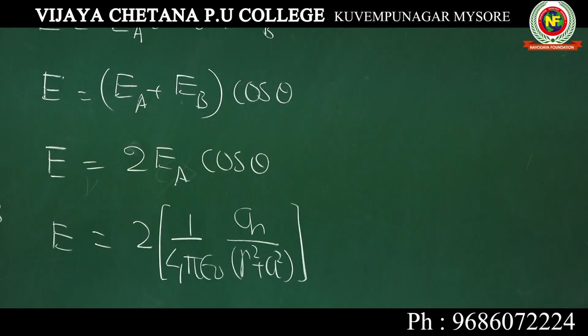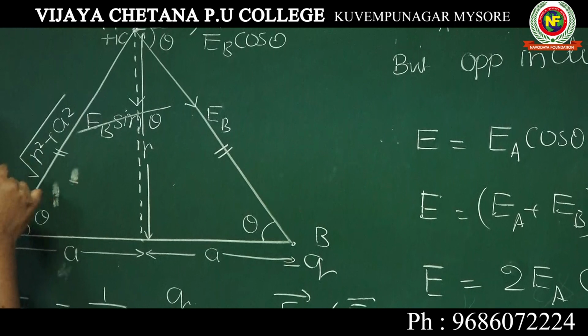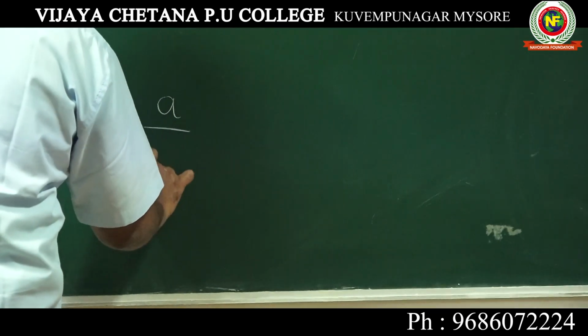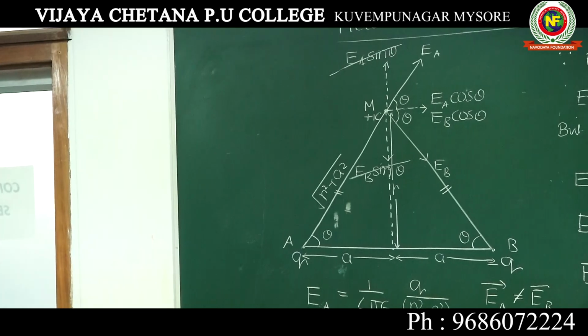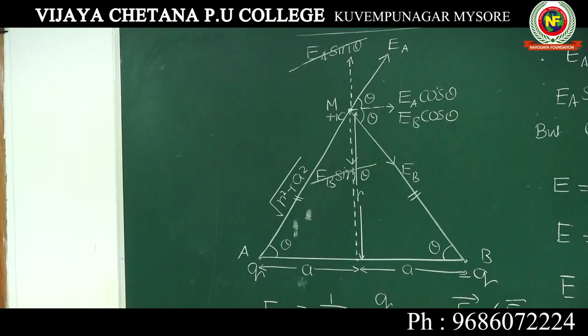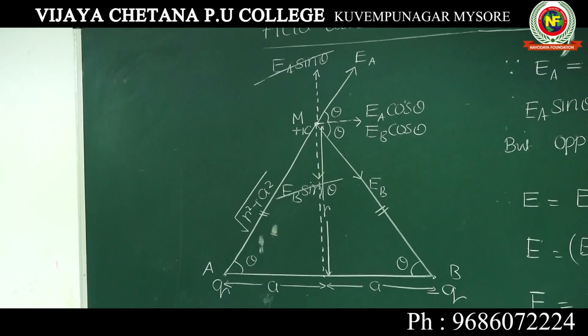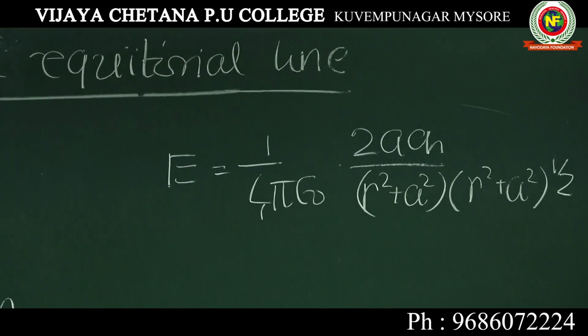From the diagram I can recognize that cos theta is adjacent side by hypotenuse. Therefore, you can write this as A by root of R square plus A square. 2 divided by, see, it is looking like R square plus A square into R square plus A square to the power half, 2A cube product.